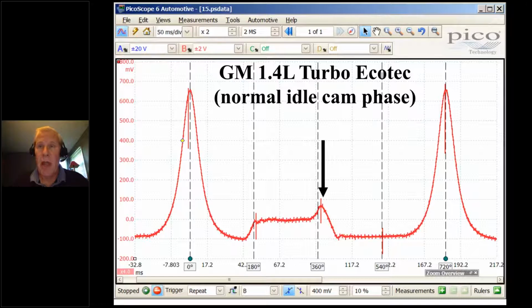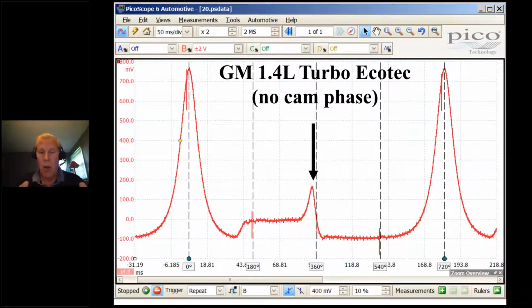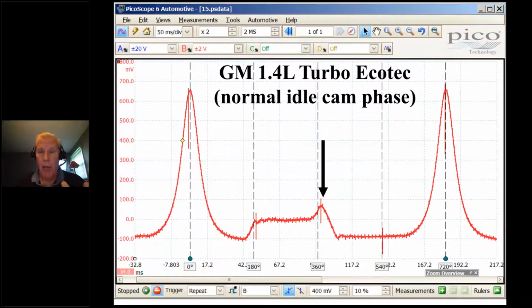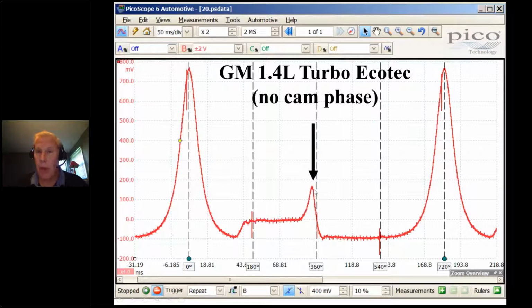If I disconnect the two magnetic actuators mounted in front of the engine, I see this. You can see my note, no cam phase. A couple things happened. One, the peak shifted to the left, it advanced, and the pulse got higher. It's almost 16 PSI.